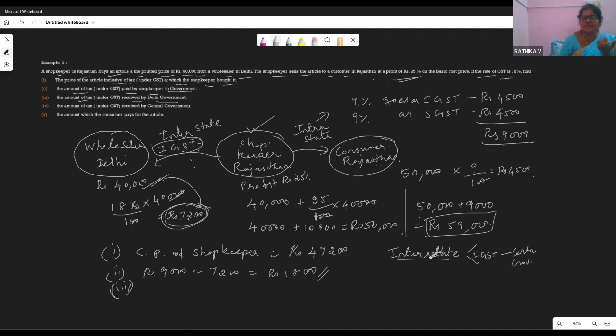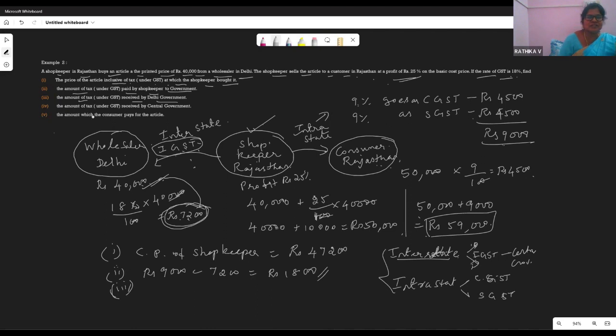And intrastate means that of whatever items you are purchasing, half the GST goes to the central government as CGST, and the other half goes to the state government as SGST. These two things I am repeatedly using.